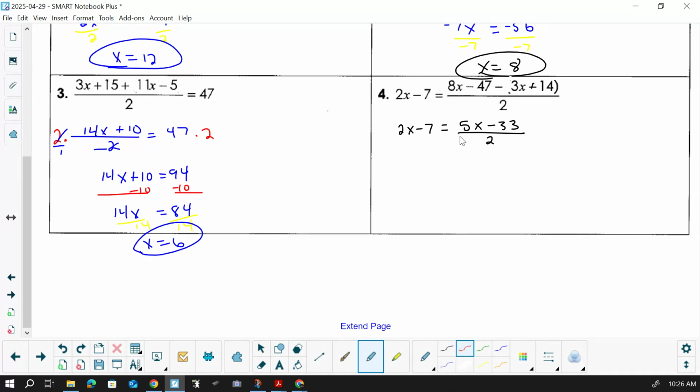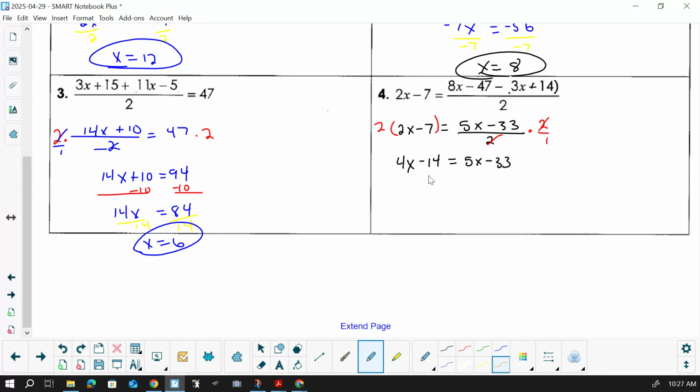And this would be a perfect example why I would do the times 2, because if I tried to divide both these by 2, they wouldn't come out evenly. I get decimals, so multiply both sides by 2 instead. The 2's cancel on this side. So 2 times 2x is 4x. 2 times 7, 14. On this side, we have a 5x minus 33.